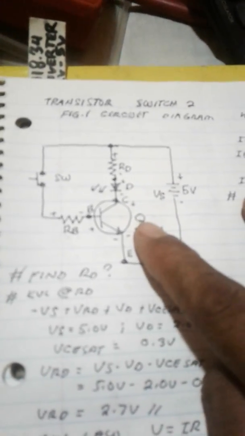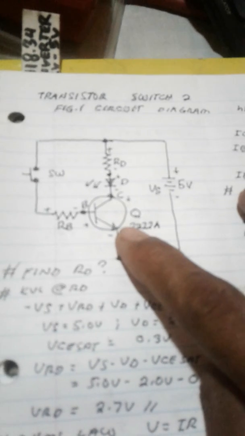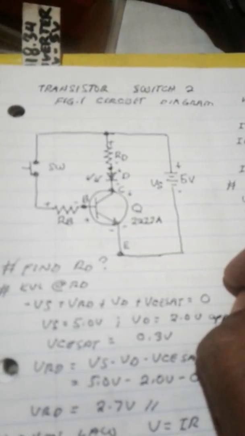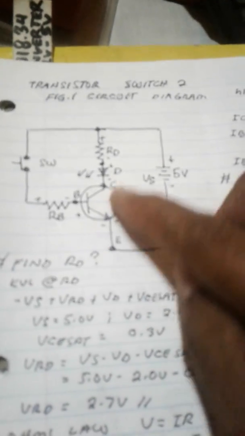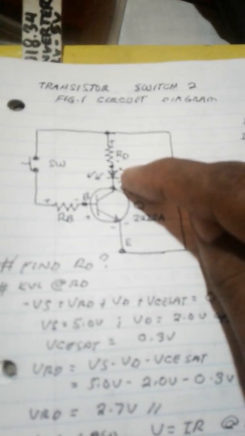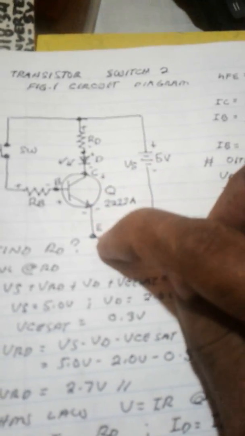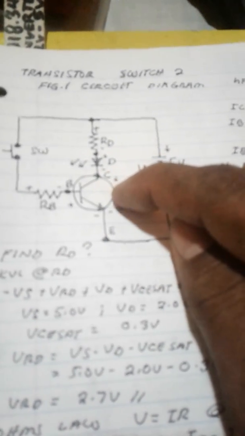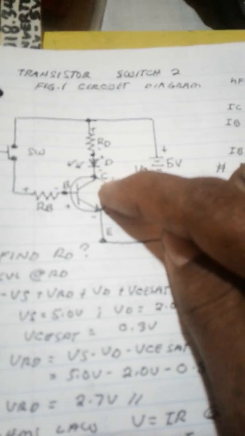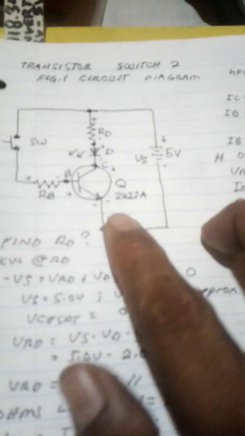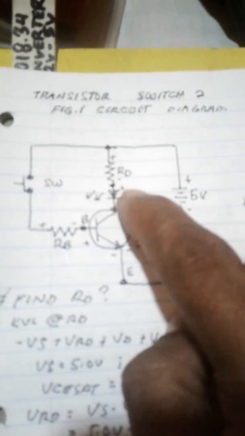So we're going to make the transistor conduct in saturation state, making the current here flow directly to the ground, short-circuiting the transistor, or operating the transistor in saturation state. So let's find the resistor value of this diode.